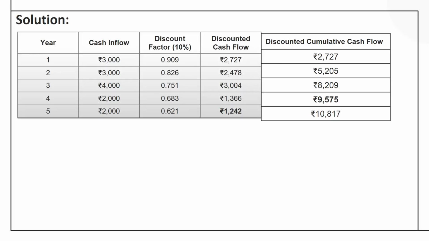So, this is the present value of the cash flow generated in the first year. The second year gives us 3,000, but it would be multiplied by the PV factor at the intersection point of 10% in the second year. So, it is 0.826. If we multiply 3,000 with this PV factor, we get 2,478.